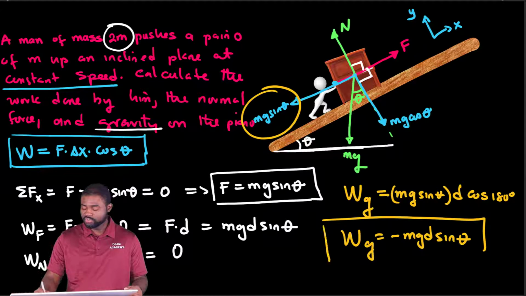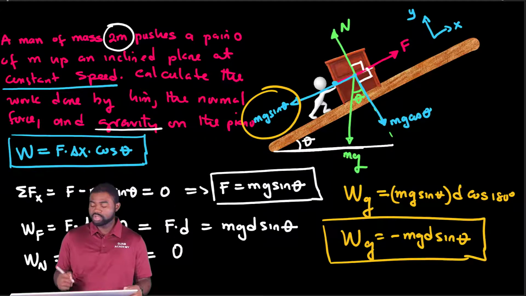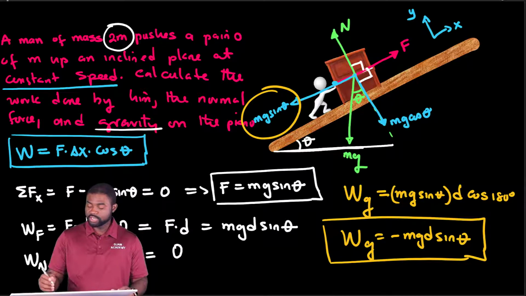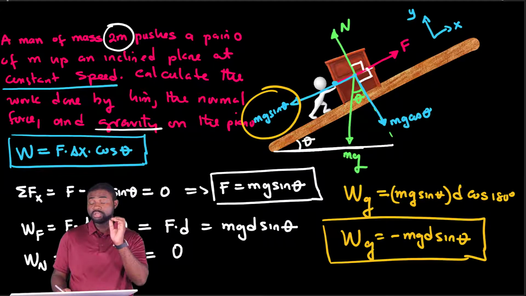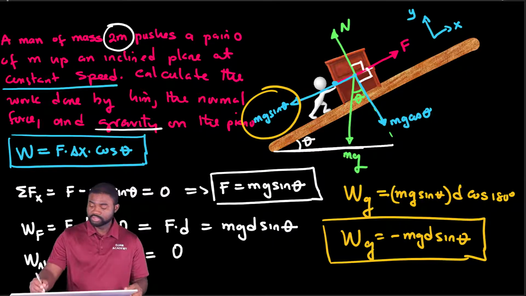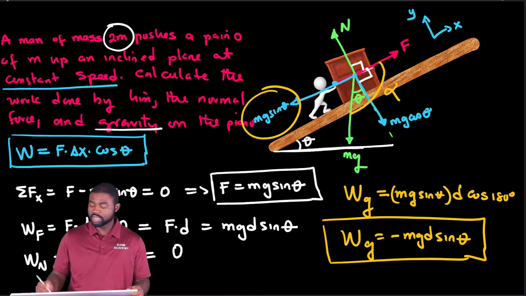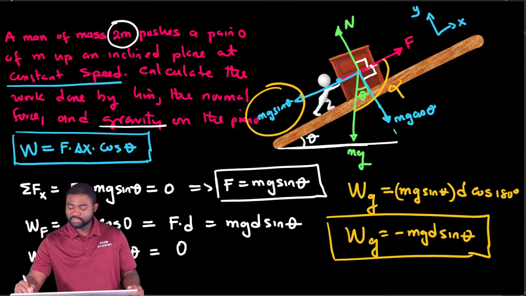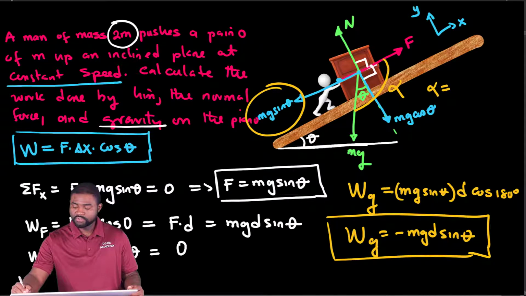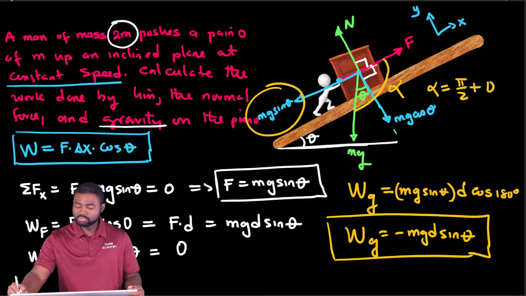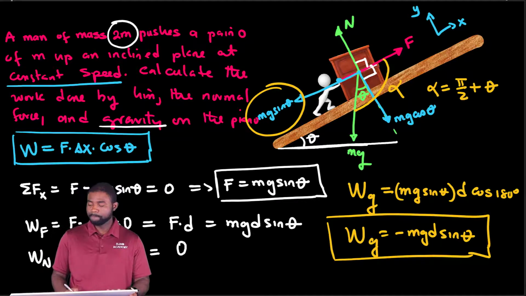You can use this approach. Another way you can look at this is to label the angle between the displacement vector and gravity, this angle right here. Let's call that angle alpha. You can clearly see that alpha is equal to 90 degrees, or pi over 2, plus theta.